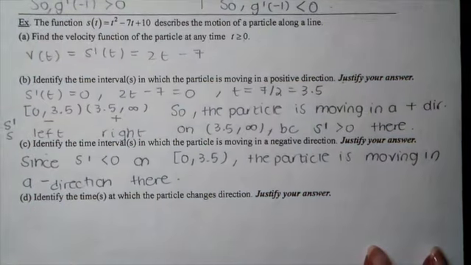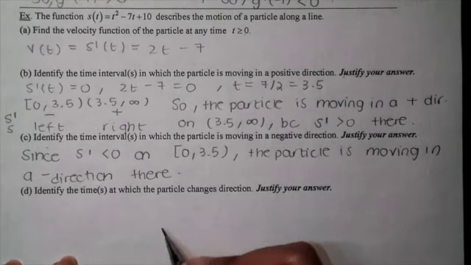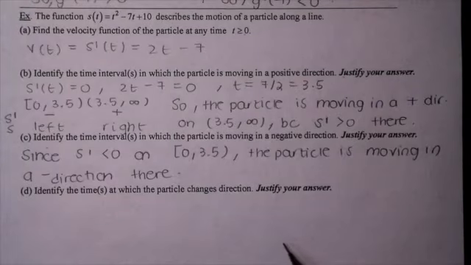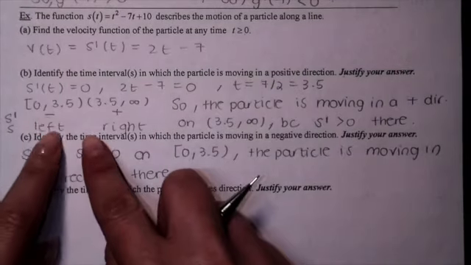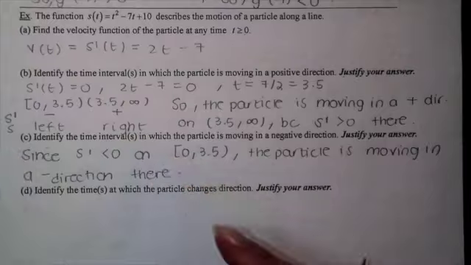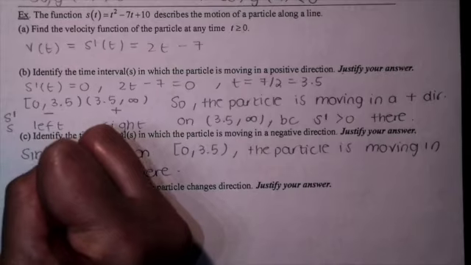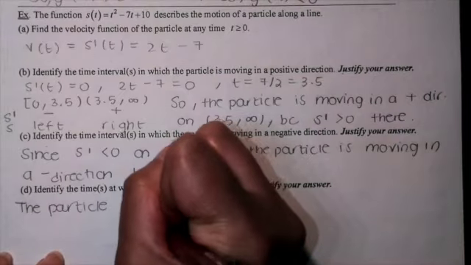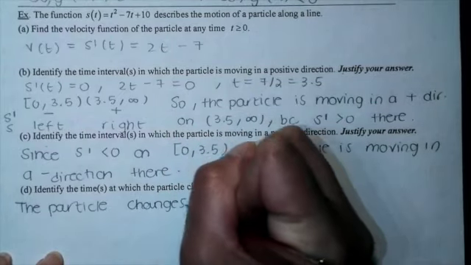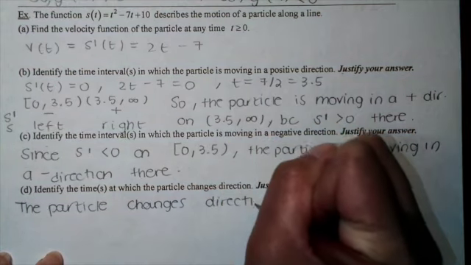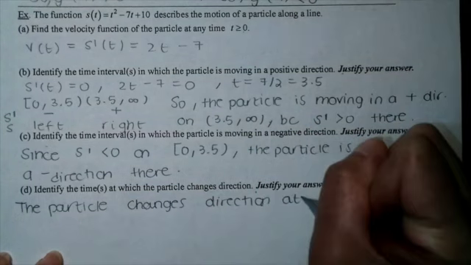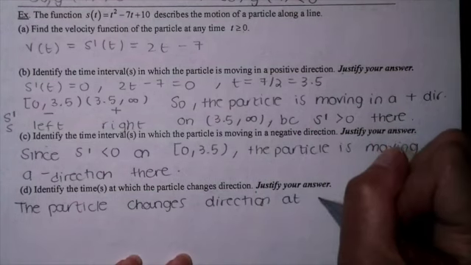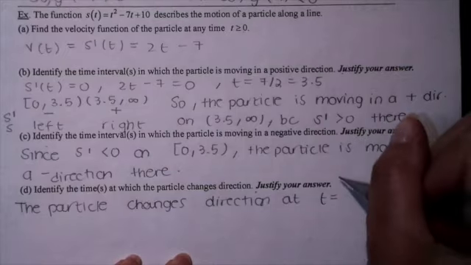Cool. Now they are telling you, identify the time intervals at which the particle is changing direction. You know that since it's changing from negative to positive at 3.5, you can say that it's changing direction there. So the particle changes direction at time t equals, and what was it, seconds?